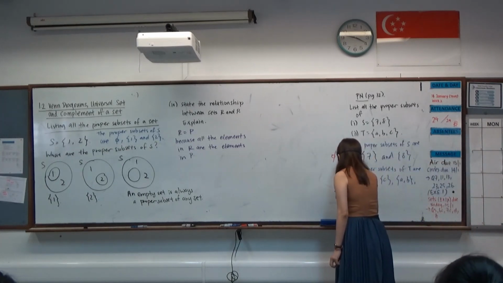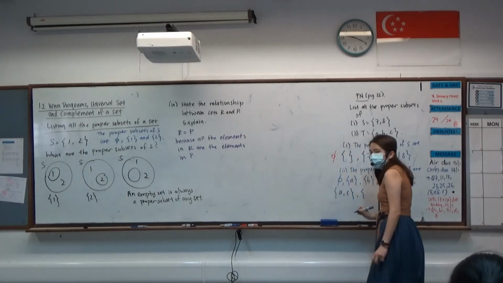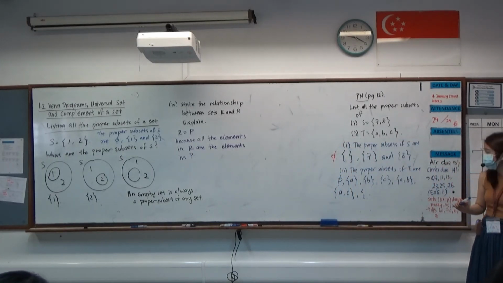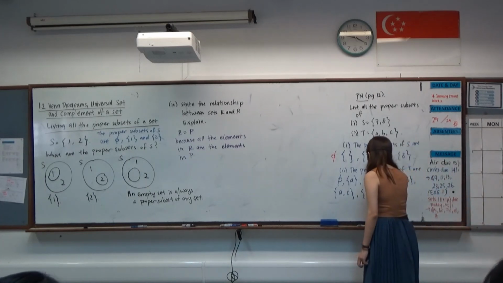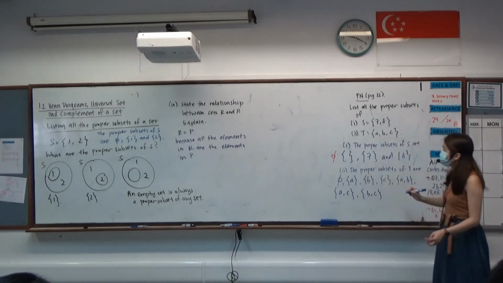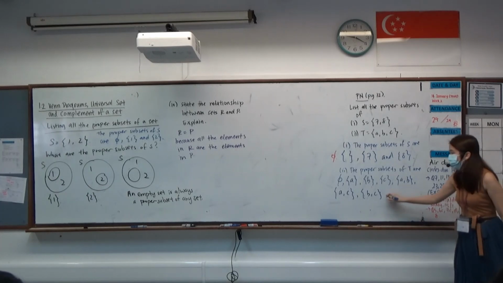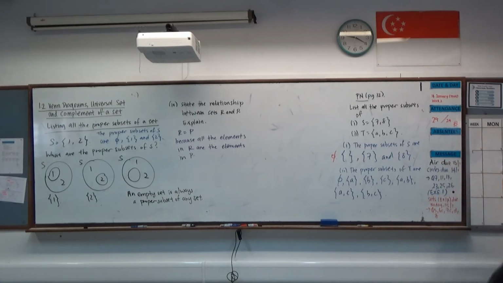Containing A, C. Okay, what else? Alia? B, C. Okay, set containing B, C. Anything else? No more already? Okay, so that will be all for the proper subsets of T.